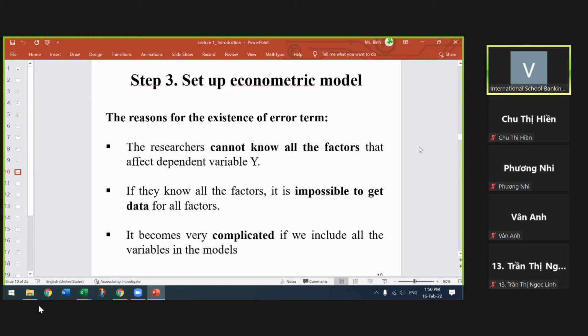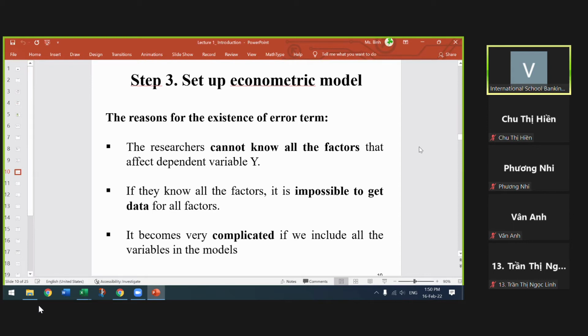But we cannot find any variable, we cannot name that variable, we cannot find any good measurements for that factor. We don't know how to measure that factor, so we cannot include it in the model.